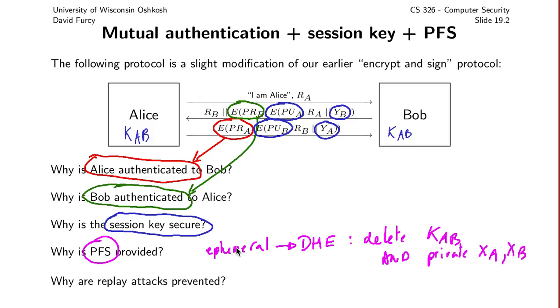This is the whole point of an ephemeral version, where the symmetric keys that are used for the encryption in the rest of the sessions are deleted as soon as the session is over.